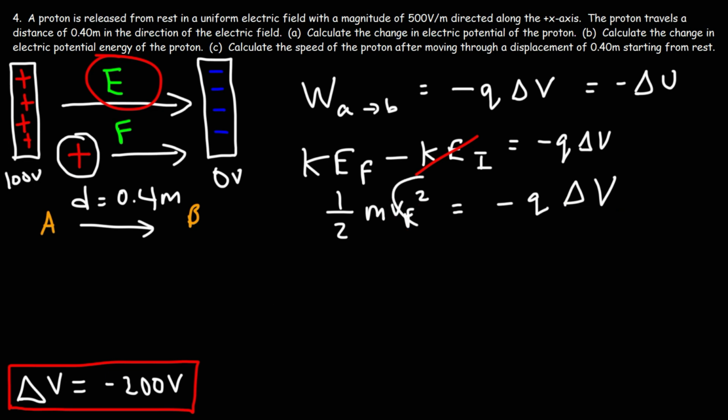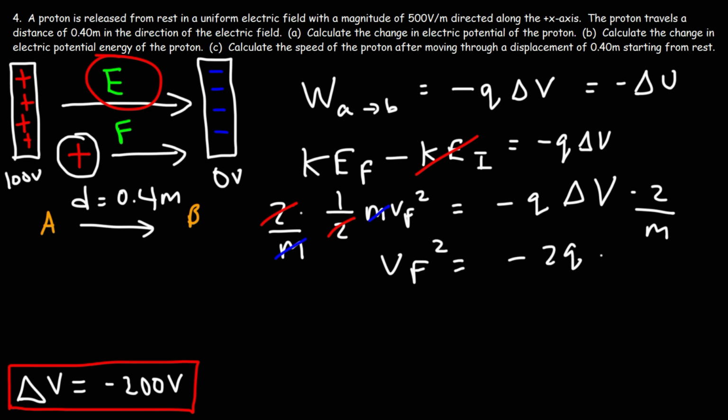So let's isolate V final. I'm going to multiply both sides by 2, and I'm going to divide both sides by m. On the left, the 2's are going to cancel, and the m is going to cancel. So I'm going to have V final squared is equal to negative 2Q delta V over m.